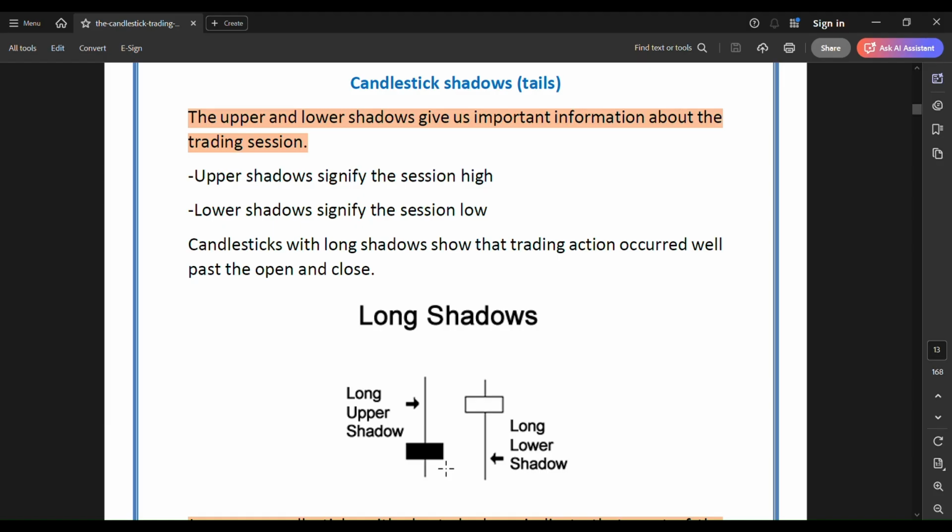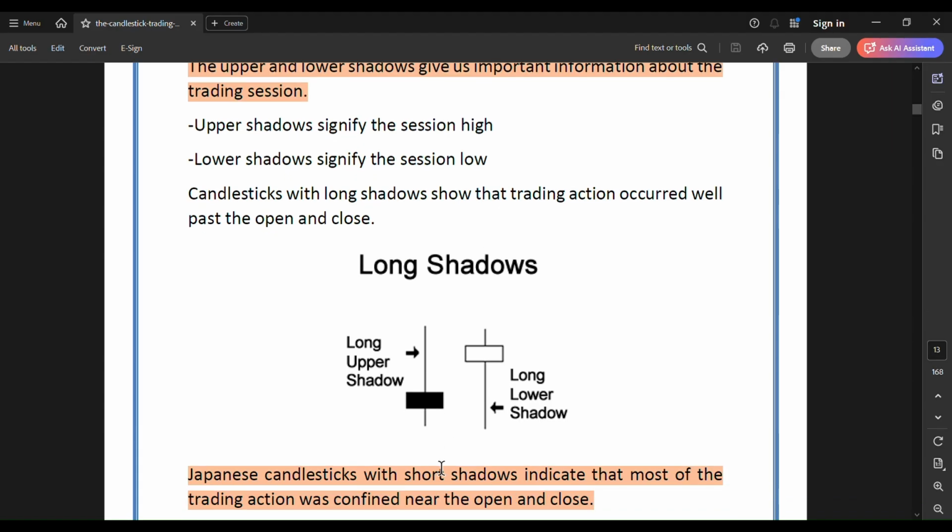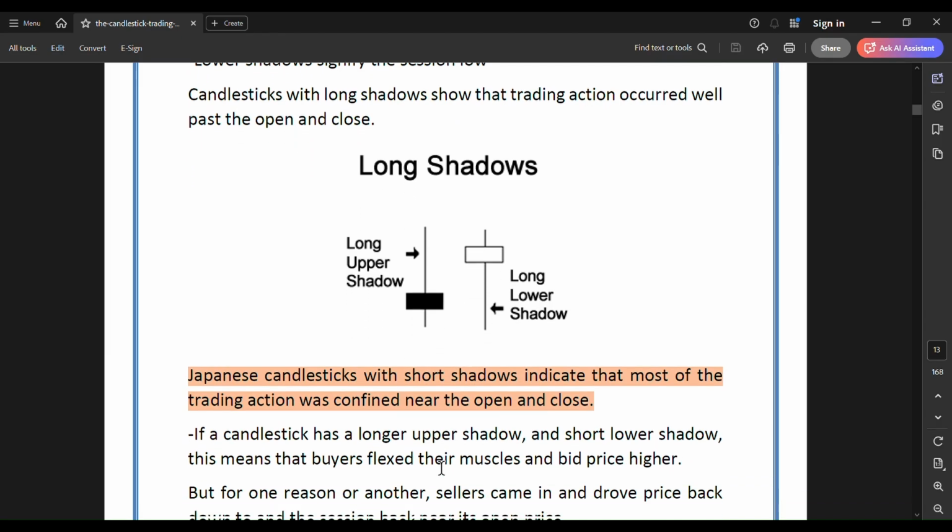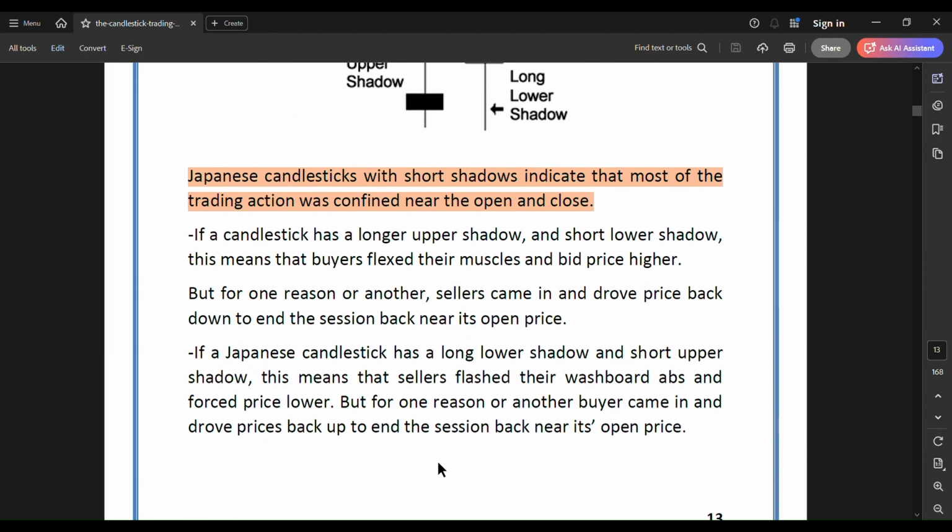If you've got a longer lower shadow, a longer wick, then price on average was on the upper part of that particular session. So that's essentially what it means.